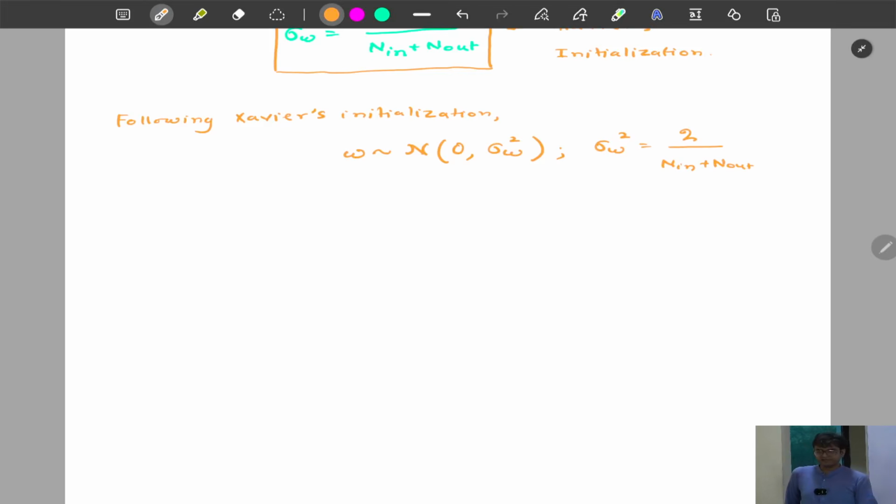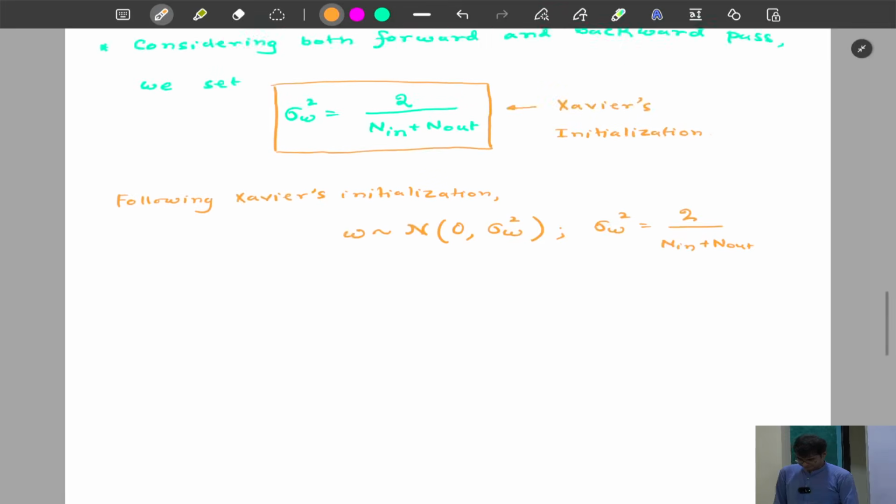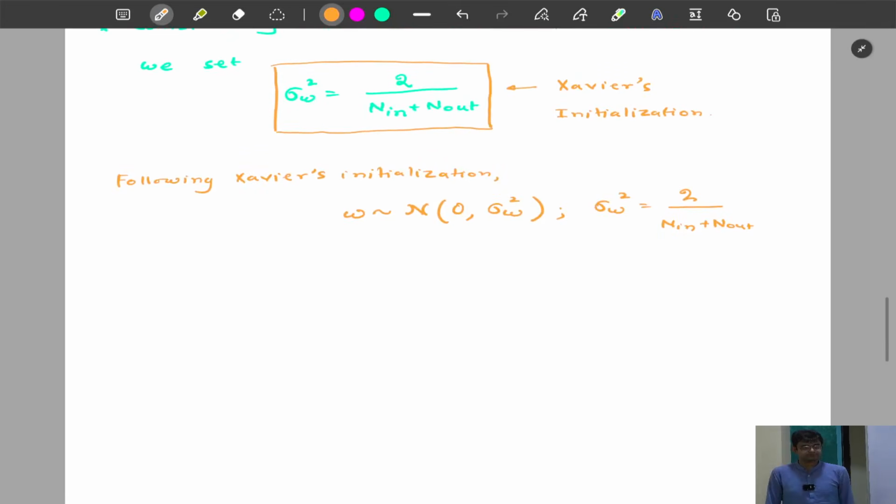This is what you will need to work with the tanh activation function and start your training. Remember, this is the starting of the training. Obviously, after training, things will change. Any question?